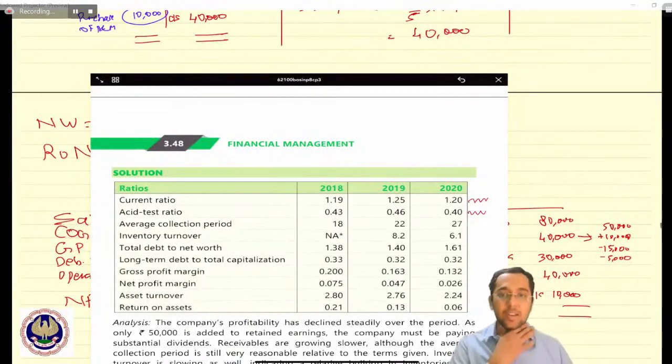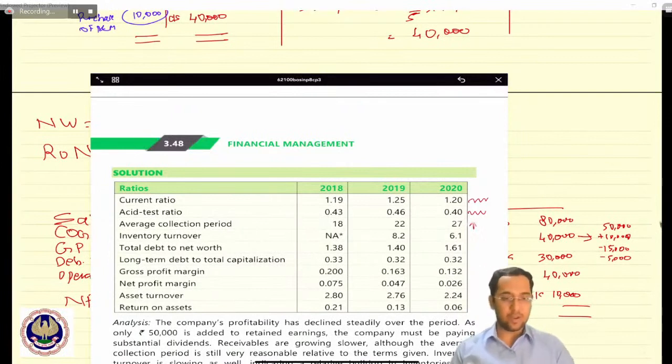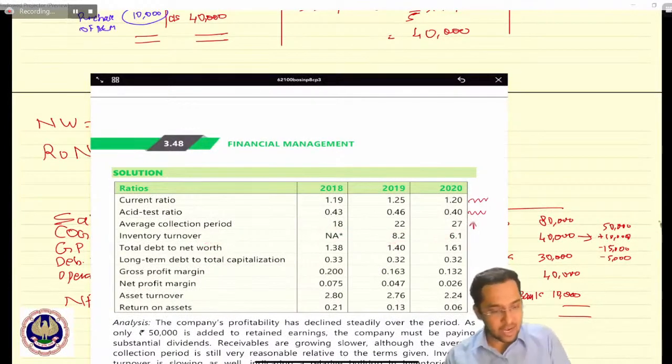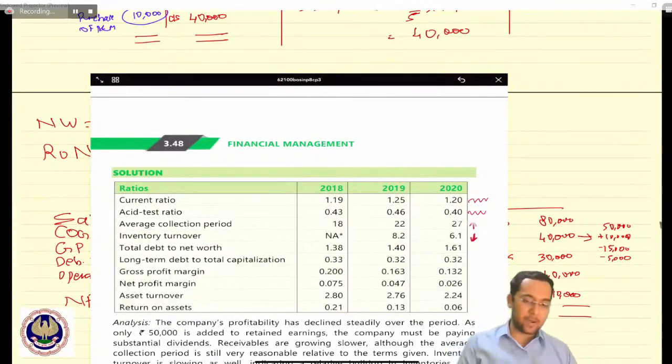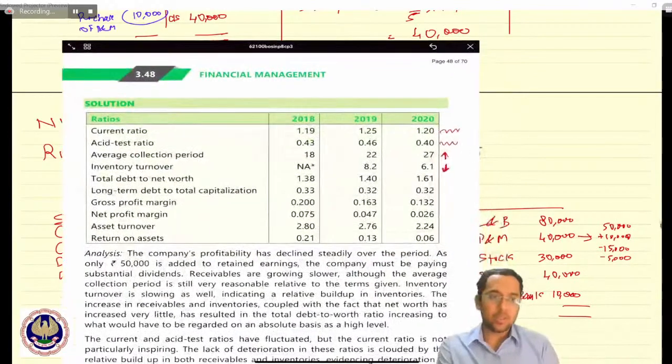Average collection period, you will definitely see that it has risen over 3 years. Inventory turnover has reduced. Let's first identify the pattern. Then we can talk about the comments on it.